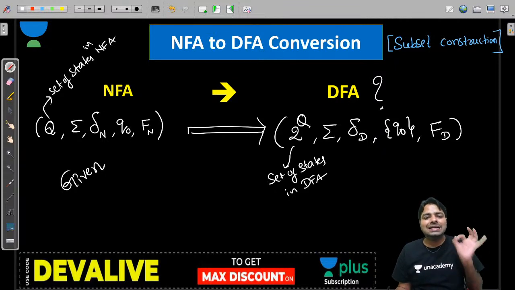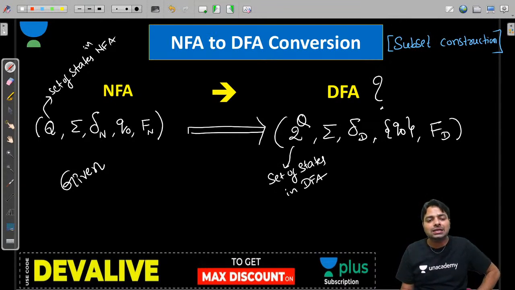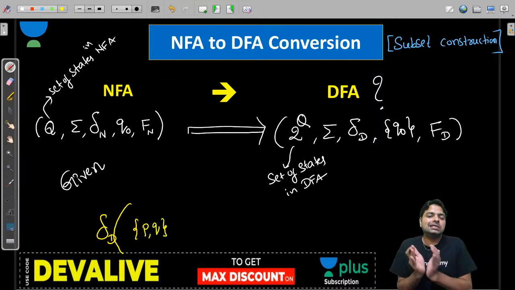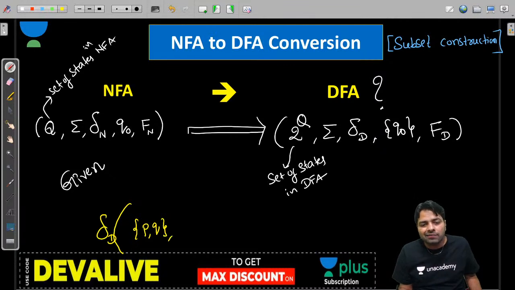So what is delta D here? That is very important, guys. Suppose you have a set like P comma Q. That is a subset, assume a 2 element subset, and you are covering the transition for input I, let's say.